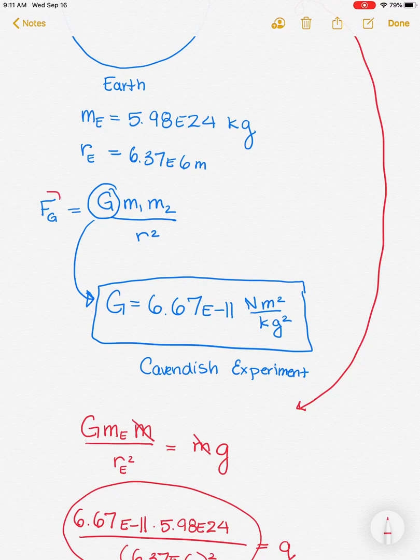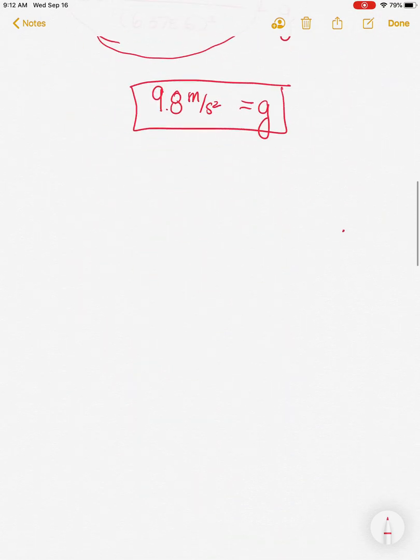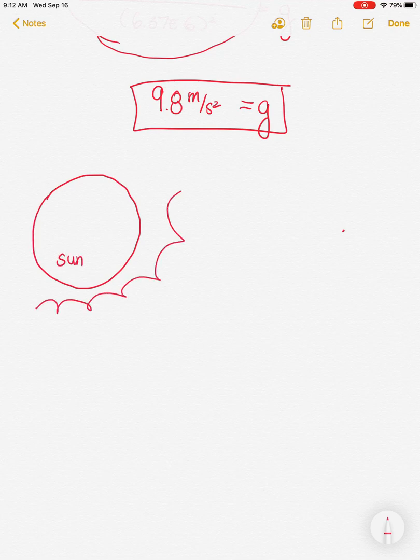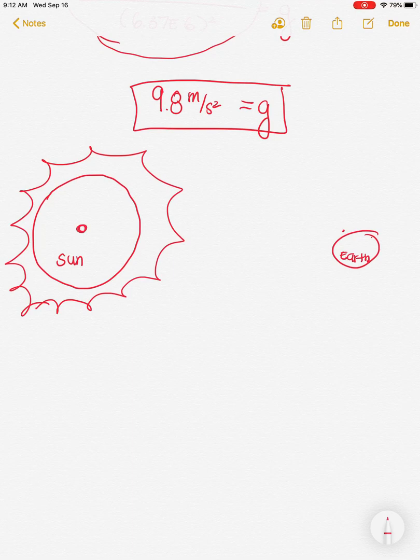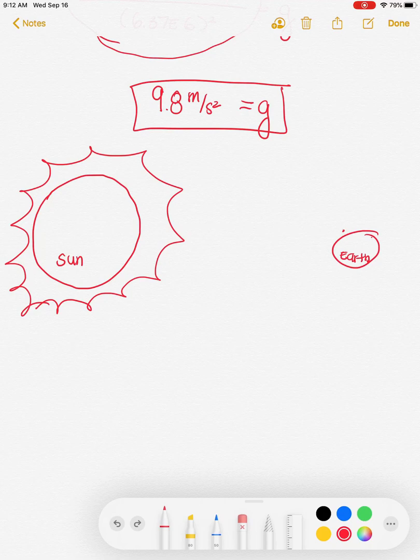It is really important to realize that this force due to gravity is an attractive force. Here this attractive force is pulling the object on the surface of the Earth towards the center of the Earth. If we were to look out in space, here's the Sun, and then here we have the Earth, there's going to be an attractive force between the Sun and the Earth.